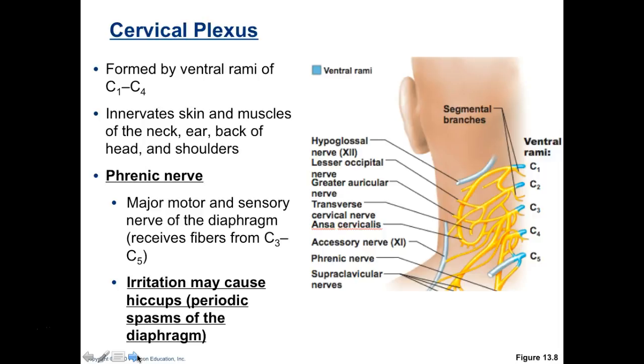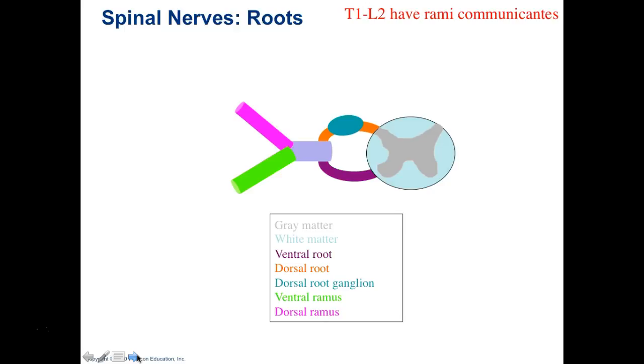Okay, now before I move on, a bunch of our ventral rami are going to create plexi. So they're going to come together and intertwine all of their nerves to create plexi. And of course, with anything in anatomy, there's always an exception.